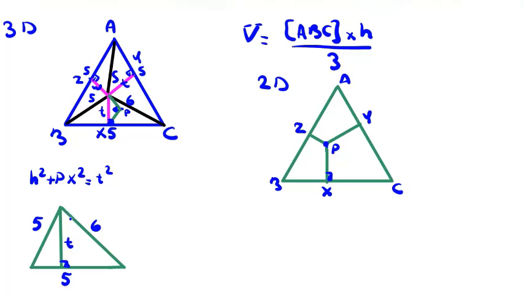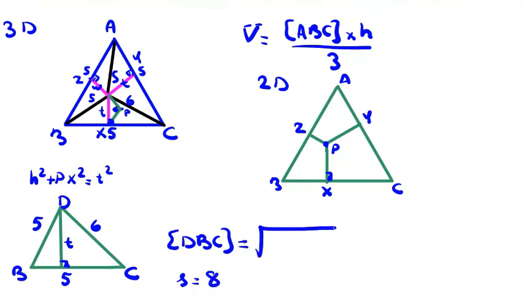At first, T times 5 is twice the area. How can we find the area? With Heron's theorem. The area of DBC: first you should find the semi-perimeter, 5 plus 5 is 10, 10 plus 6 is 16, over 2 is 8.